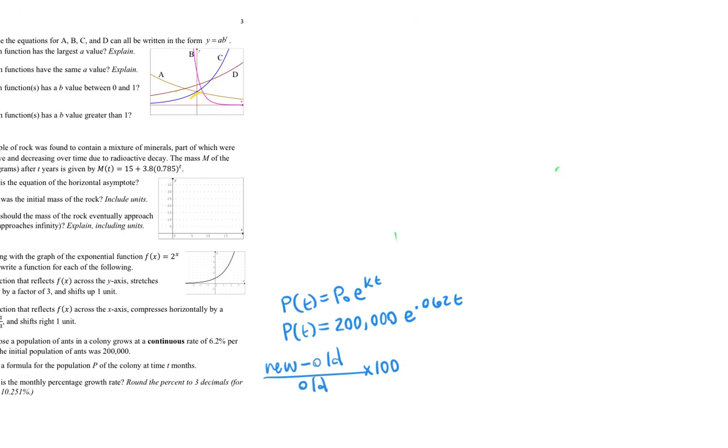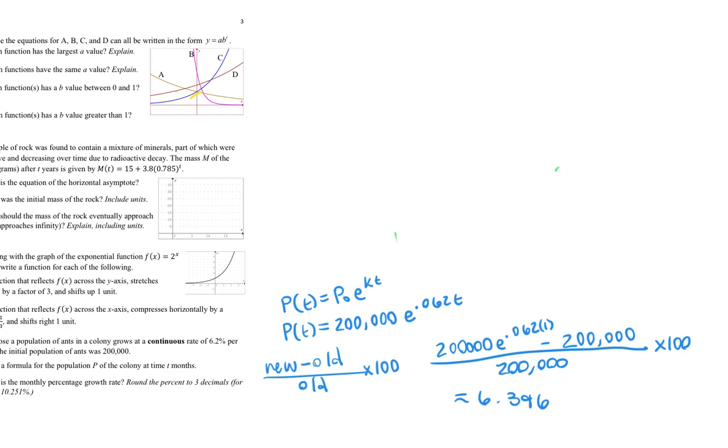Okay, so we'll go ahead and compute that, and that should be 200,000 e to the 0.062 minus 200,000, because that's our initial value, and then all over 200,000 times 100. Okay, and then we can plug that into our calculator, and that should give us 6.396% as our monthly percentage growth rate.